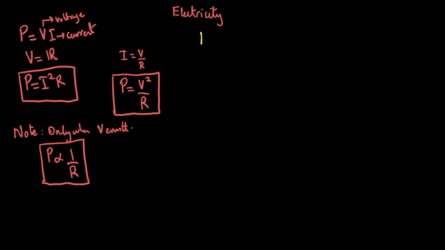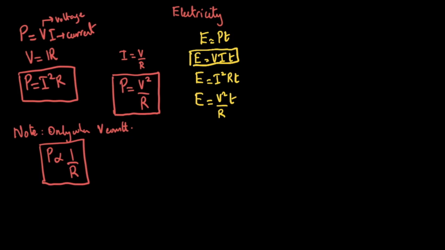And energy is power into time, so you can get three formulas from here. E is equal to VIT. If you use P is equal to VI, you could get E is equal to I square RT, or you could get E is equal to V square over R into T. All three formulas can be used to find out the energy.